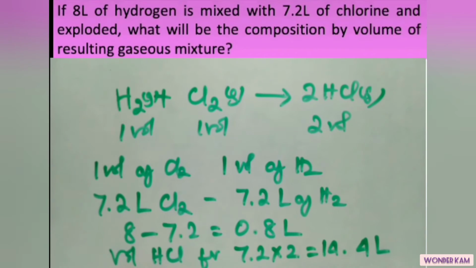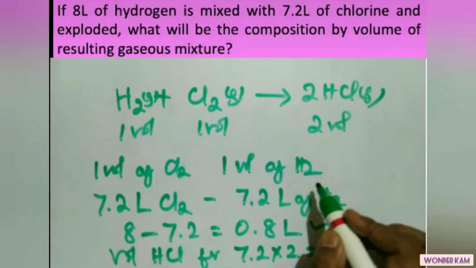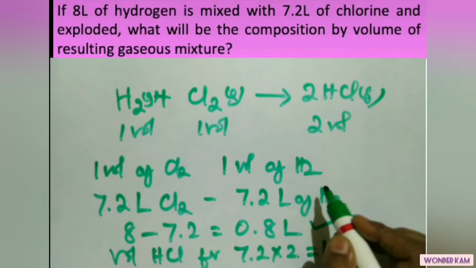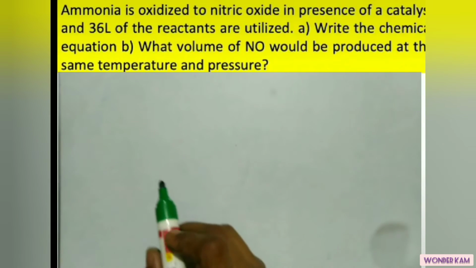So the resulting gaseous mixture would be 14.4 liters of hydrogen chloride and 0.8 liter of unreacted hydrogen gas. The reactant which is completely used up in the reaction is known as the limiting reagent or reactant. Here chlorine is the limiting reagent and it is completely used up. Let's move to the next problem.